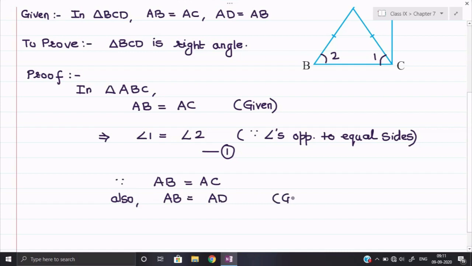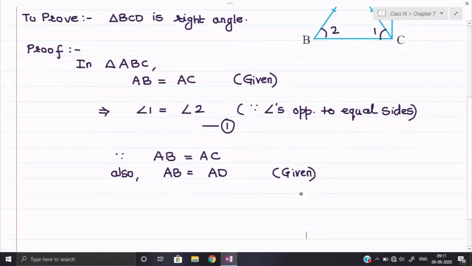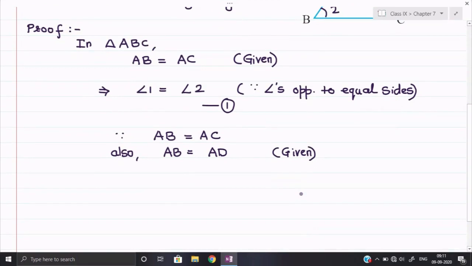So now if I ask you, the equations you observe, both have the same left hand side, because in the first equation the left hand side is AB, and in the second equation also the left hand side is AB. So we can say that both the equations' left hand sides are equal, so their right hand sides, meaning AC and AD, will also be equal.